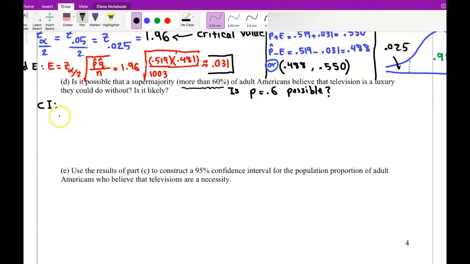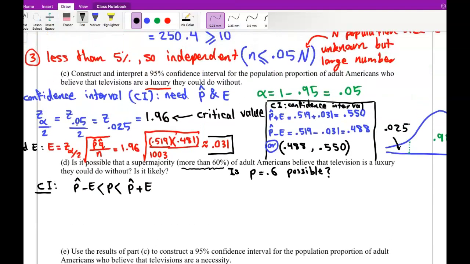So our confidence interval is p hat minus error, and on the other side p hat plus error. From the previous part, see here, in this part also, they believe that televisions are a luxury.